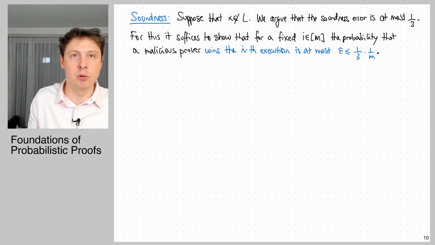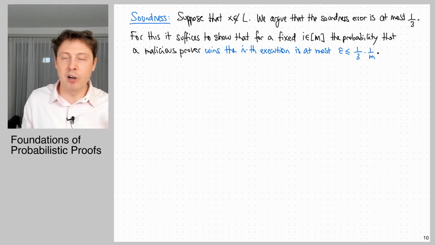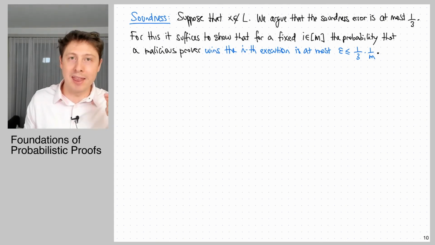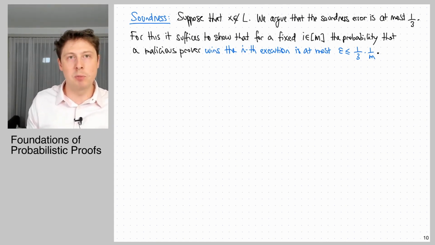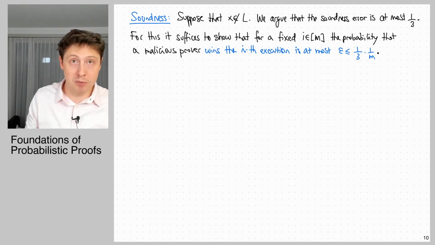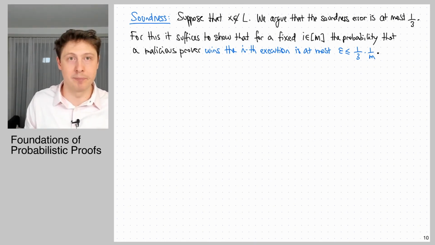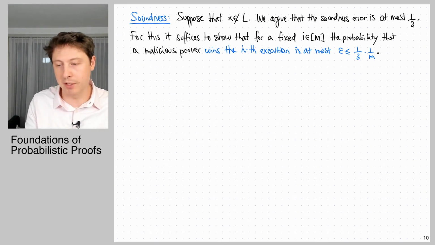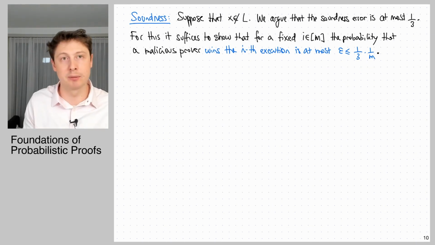There's only m executions. So if for any execution, the probability you win that execution is at most a third times 1 over m, then the probability you win in any execution by union bound is at most 1 over 3, right? So now we can just focus on the ith execution and prove that the probability it wins in that one is reasonably small.